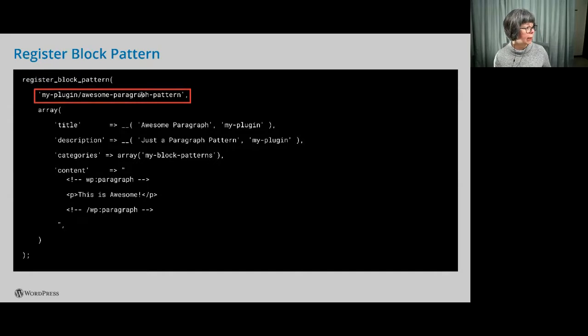In this case, we have some kind of a namespace at the beginning, and then a slash, and then the name of the pattern. So what I do is I have a common namespace that I use for all of my block patterns for that site. And then each pattern would have its own name after that.